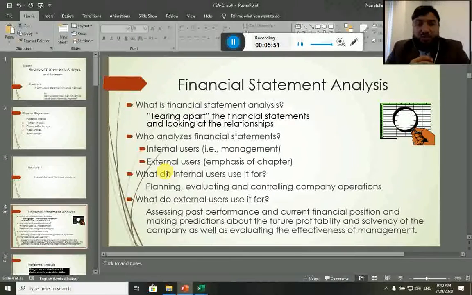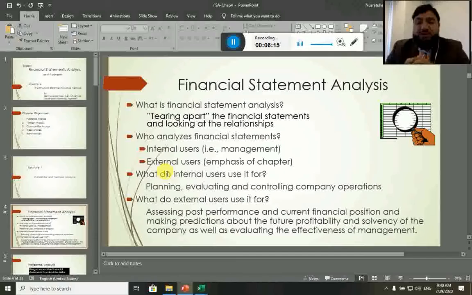And the most emphasis of this chapter is going to be the external users of the financial statements and how they use financial information from the financial statements by analyzing them using various methods of the analysis of the financial statements. Okay, now what do internal users use it for?